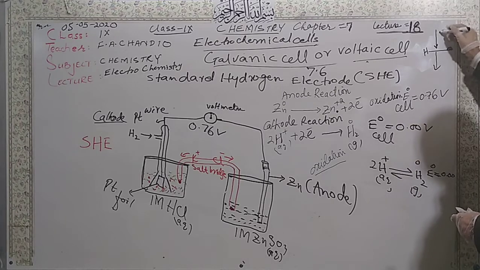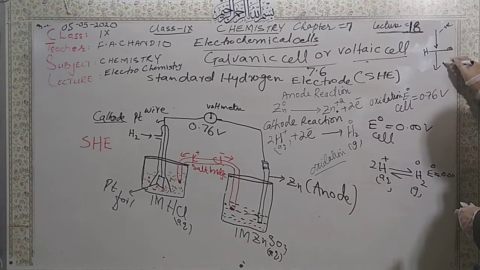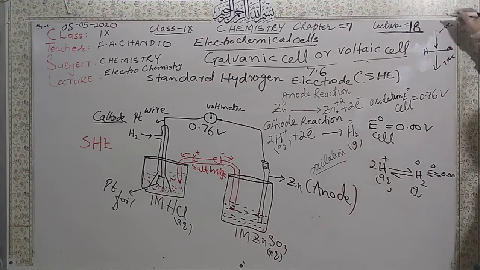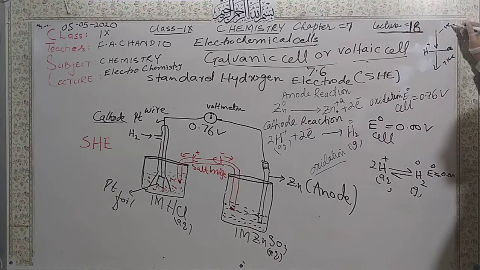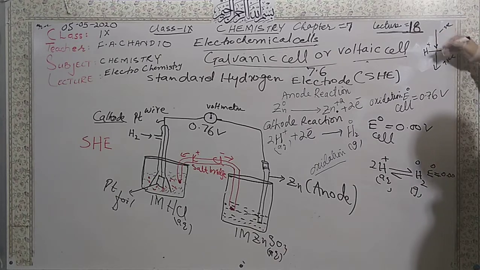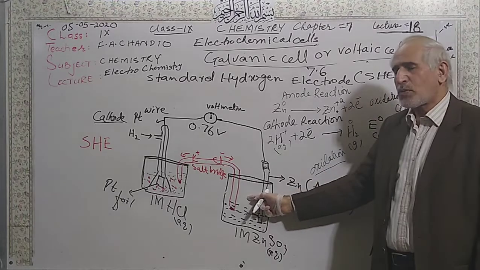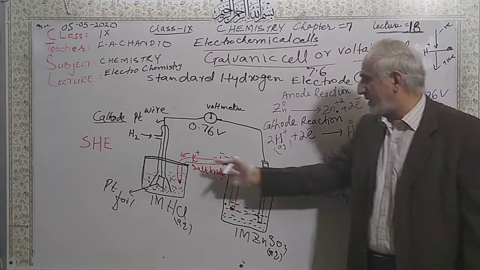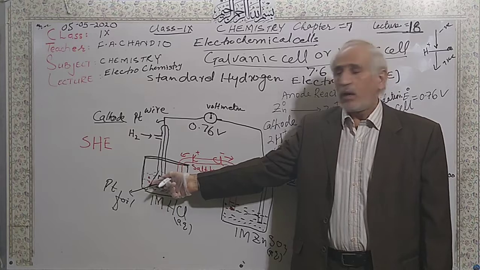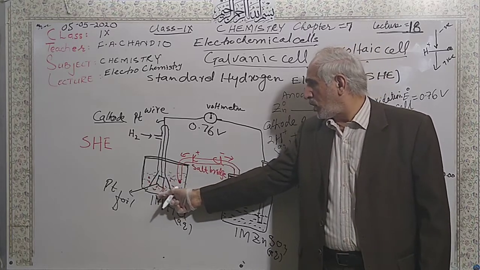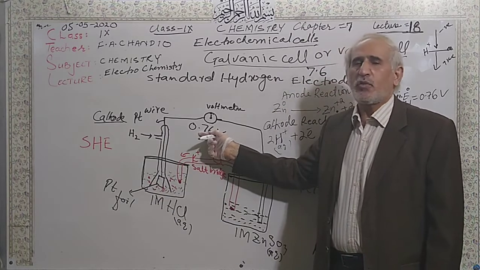Above they are all negative and below these are the positive and this is 0. So above the hydrogen they are negative, they are going to be oxidized. It means that above the hydrogen, whatever ions are present, they are going to be oxidized and the standard hydrogen will give the 0 reduction and then you will get the value for this one.